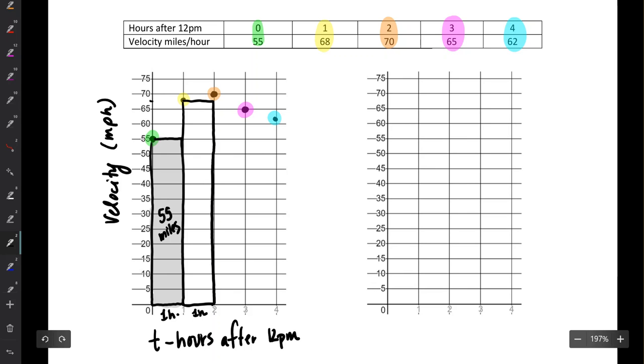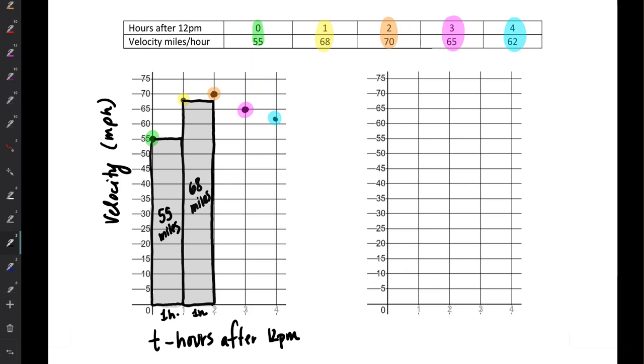This is at 68 miles per hour. 1 hour times 68 miles per hour gives us that 68 miles. It sounds so weird to say that that area is representing a distance traveled. Numerically, they are the same. The area of this rectangle is 68, and that is our estimation for how many miles you have traveled between 1 o'clock and 2 o'clock.